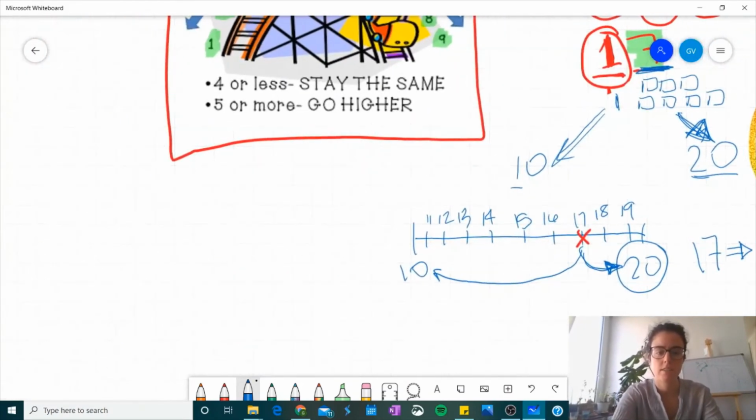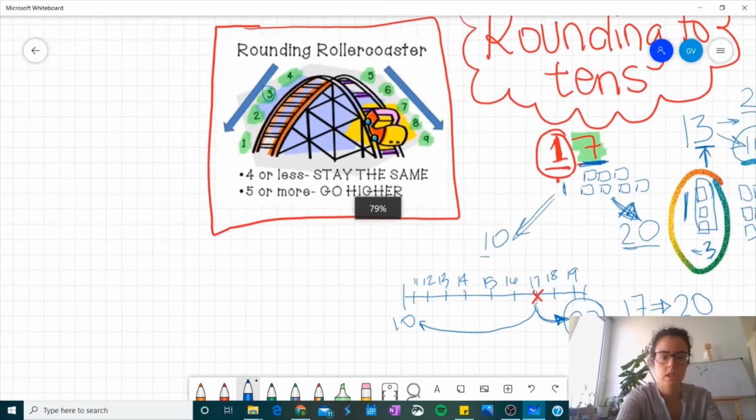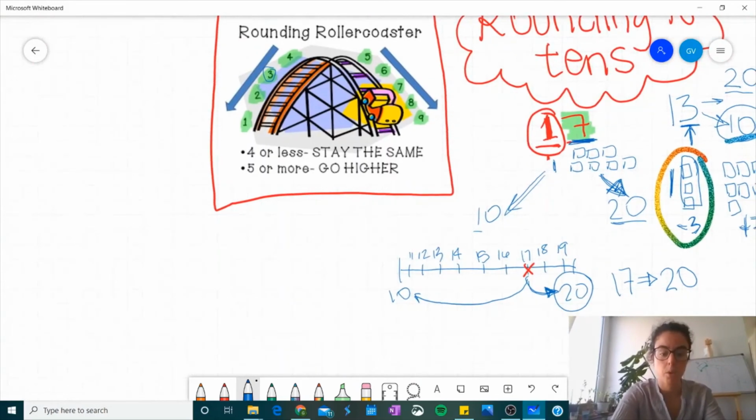Let's do some practice, okay? I will leave our roller coaster here so you can see it, and I'm going to write some numbers, and I want you to tell me what's the nearest 10. So is it closer to the 10 before or to the 10 after? Before we do that though, let's write all of the 10s from 0 to 100 in order. Count 10s with me.